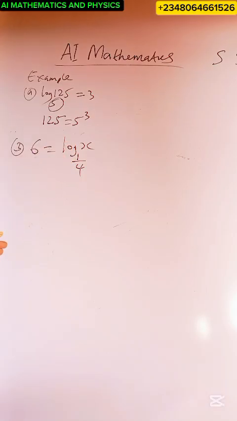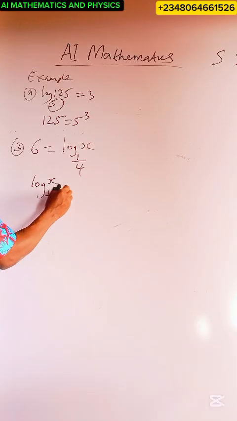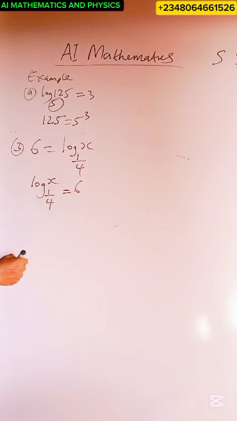In this case now, do what will make the thing very easy for you. It's saying that log x base 1/4 equal to 6. I know that to remove this log, our x will be equal to 1/4 raised power 6.